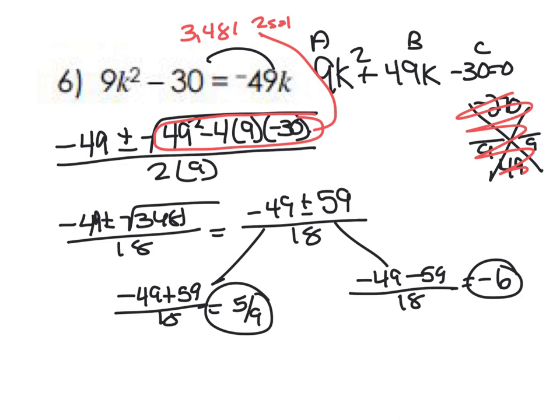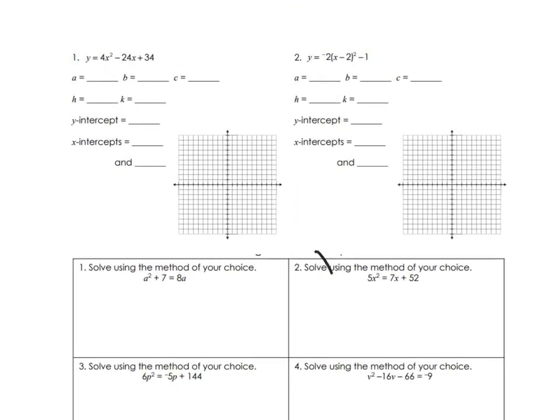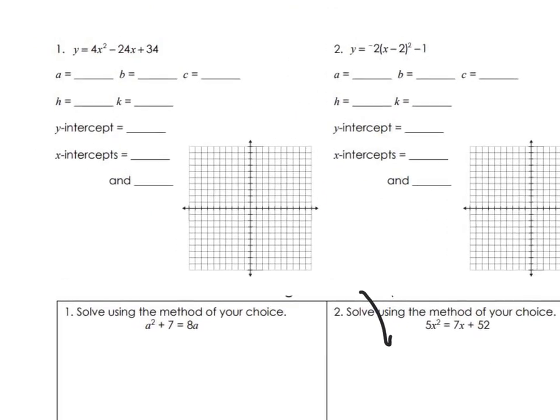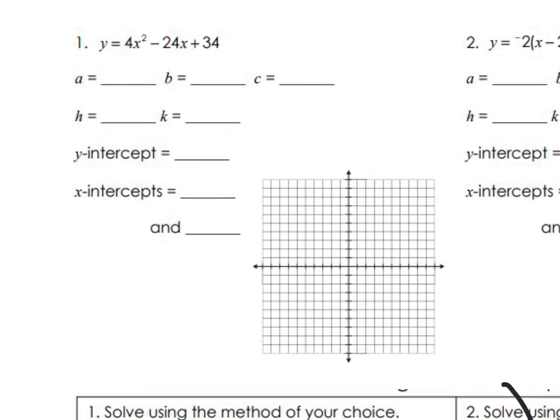Okay, next page. All right, so they want us to, we're going to end up graphing this. So A, B, and C, 4, negative 24, and 34 are my A, B, and C. So H and K, that's your vertex, isn't it?